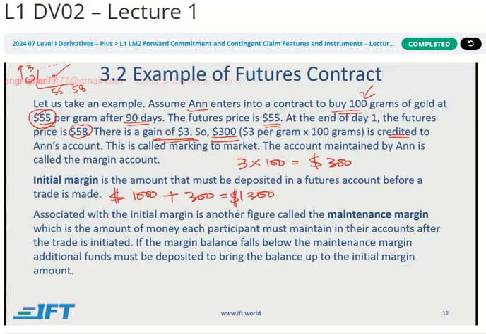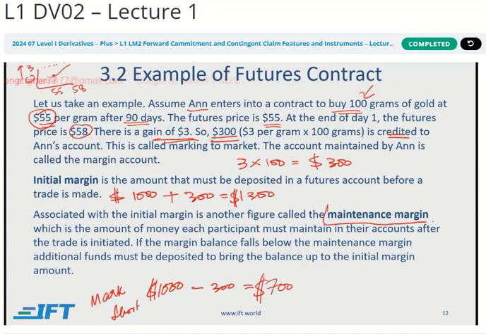Now on the opposite side of the contract, let's say there is somebody called Mark who had sold this 100 grams of gold and also deposited an initial margin of $1,000, but he will lose this 300 because he has gone short. Now his margin is looking like 1,000 minus 300, which is $700. This is what Mark has in his futures trading account now.